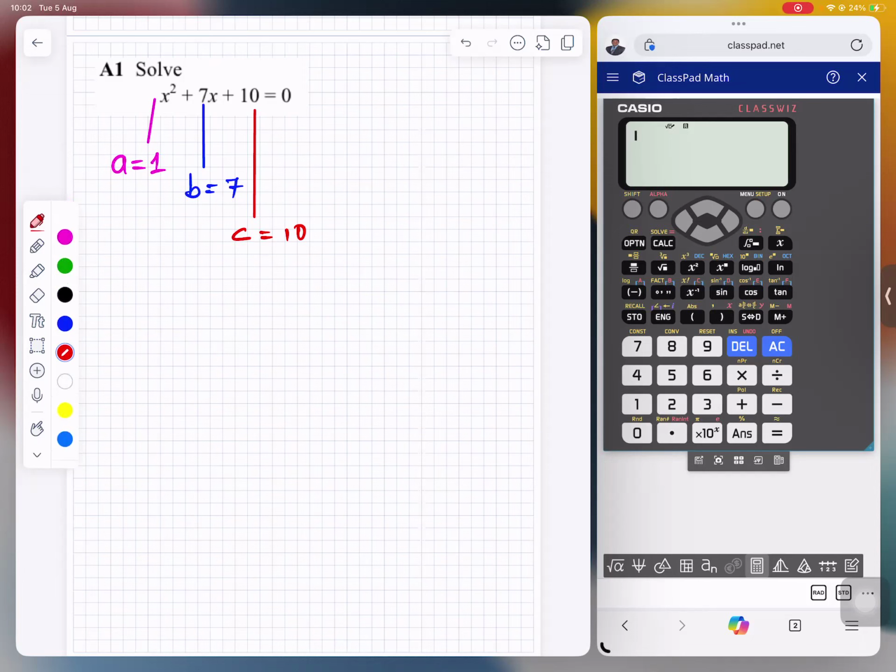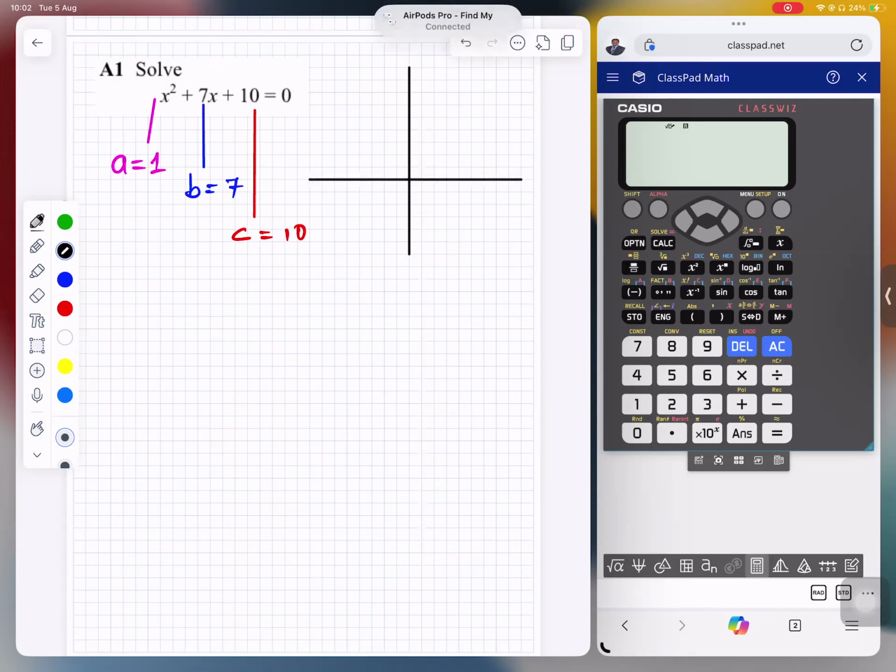And let me show you what the two answers exactly look like. Imagine you draw a quadratic graph, and the graph is this green one.